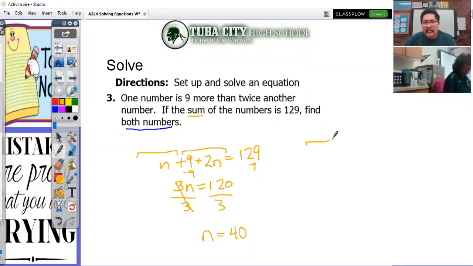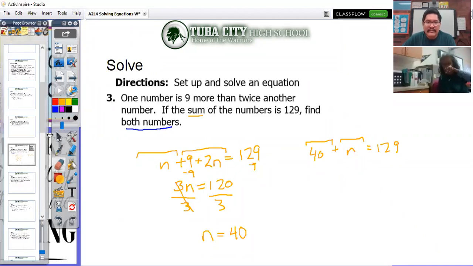So again, number 1 plus number 2 equals 129. And I'm looking for the second number. I know the first number is 40, right? 40 plus this number, we'll call this one number 2.